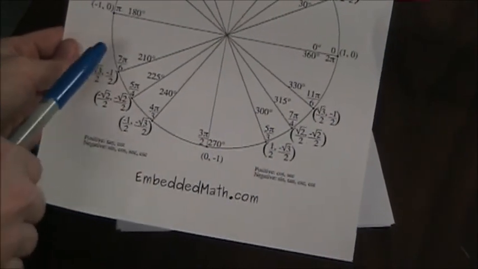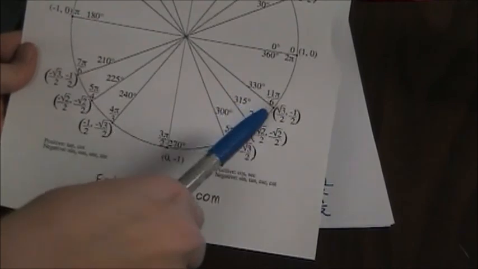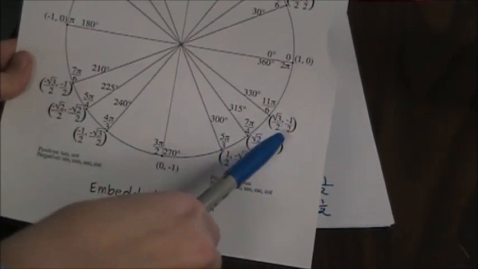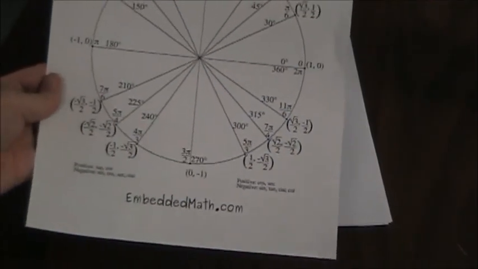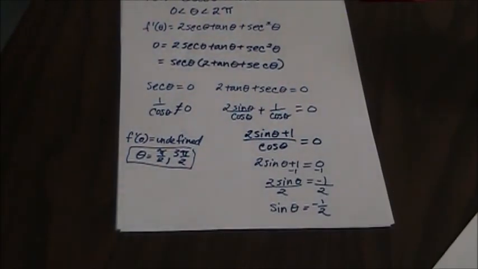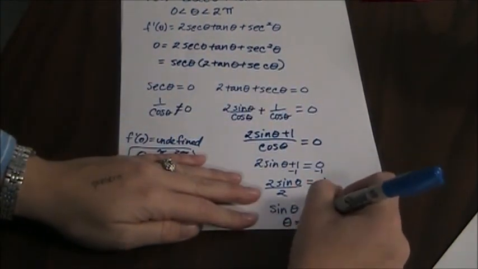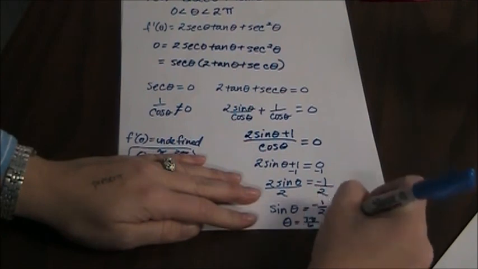And I see that at 7 pi over 6, y equals negative 1/2. And at 11 pi over 6, y equals negative 1/2. So those are going to be the two solutions for my current problem. Those are within the interval. So theta equals 7 pi over 6 and 11 pi over 6.